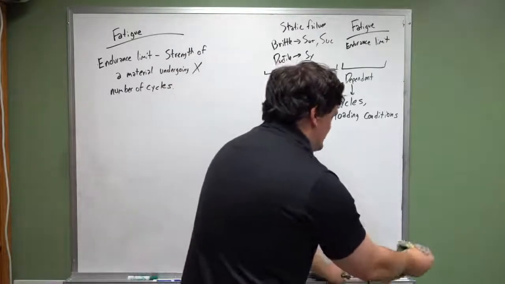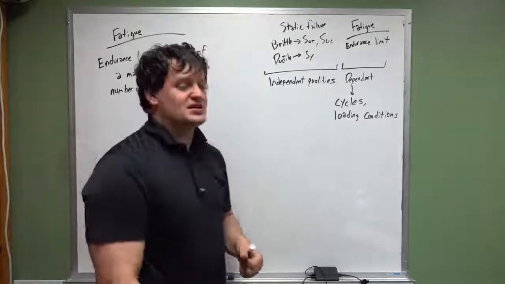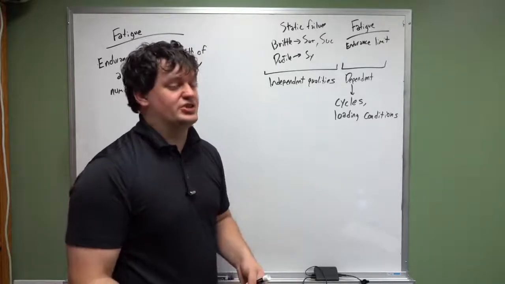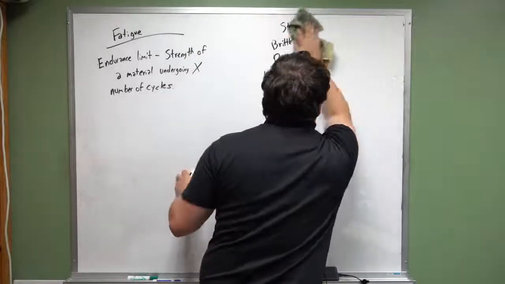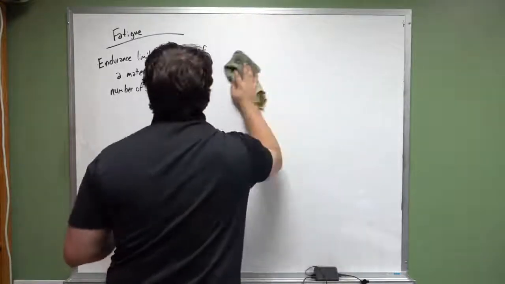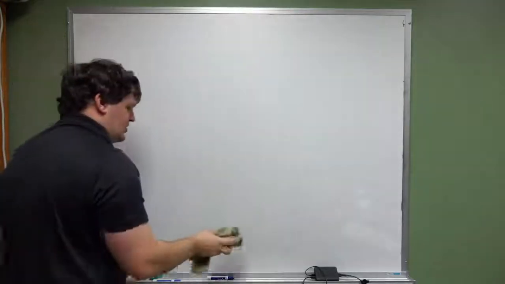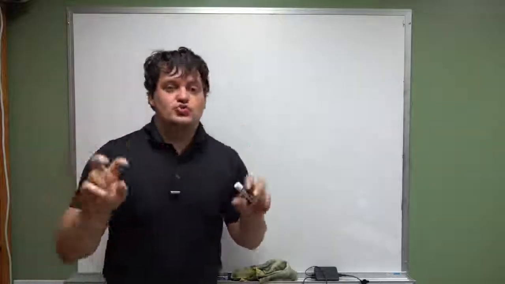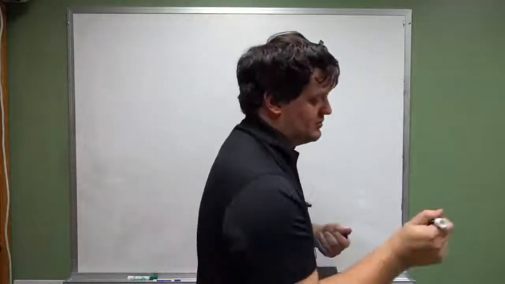So I'm going to thoroughly confuse you in this class, hopefully, because this is a concept that confused me as a novice engineer. This is not super intuitive. So when we're going to calculate the endurance limit, we're ultimately trying to figure out the strength that our material is going to have when loaded in multiple cycles. Okay?